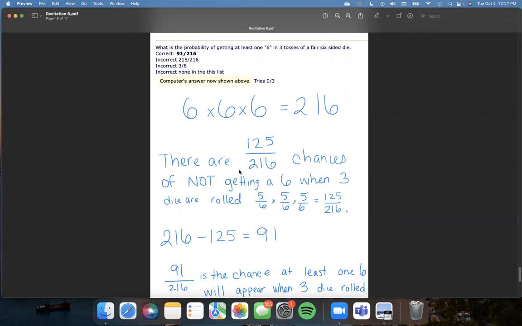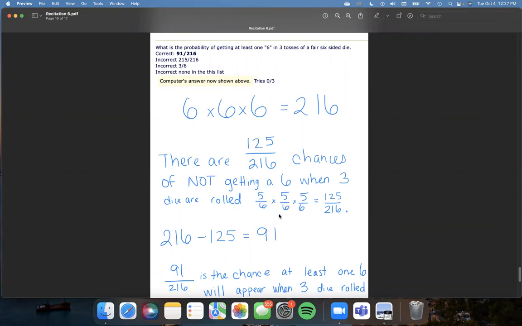So there are 125 out of 216 chances of not getting a 6 when 3 dice are rolled. In the first trial, if we didn't get a 6, then that means we could have a 1, 2, 3, 4, or a 5. So that's 5 options out of 6.